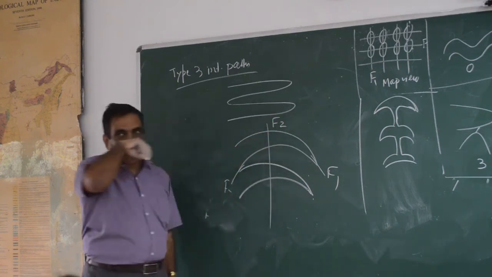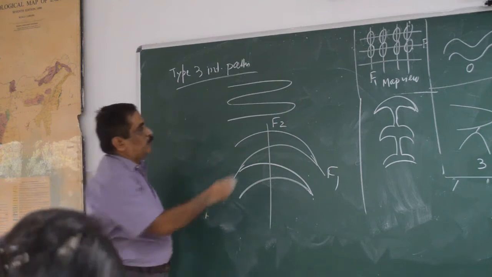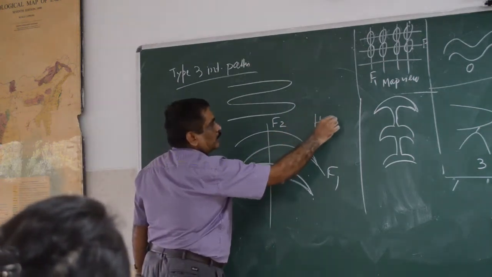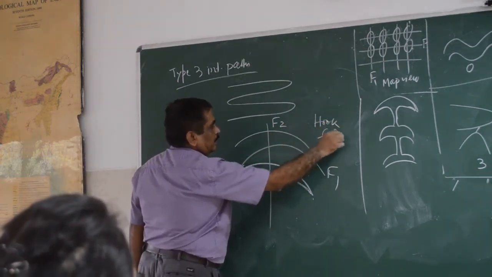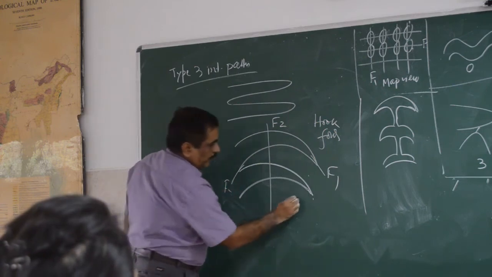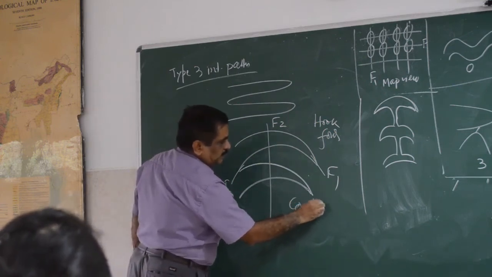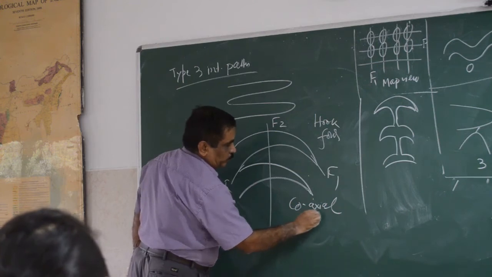This is called hook folding. It has a different name also: coaxial folding, because both the axes are parallel. That is why it is known as coaxial folding.